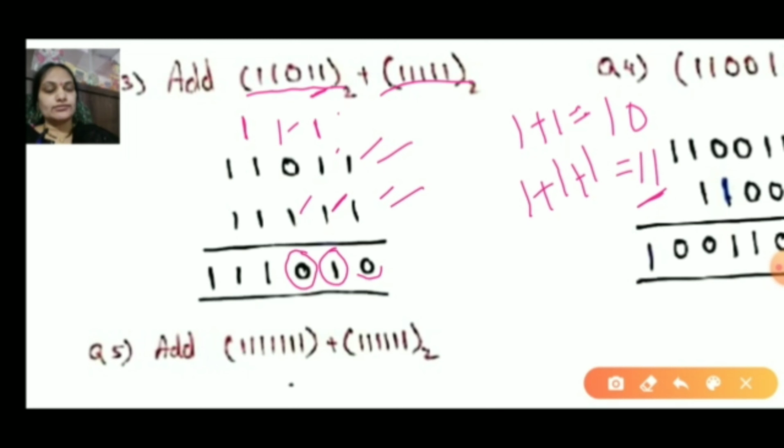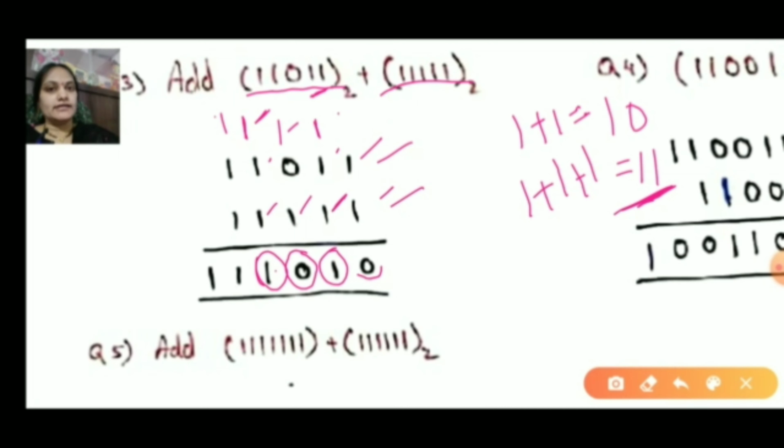Again you have to add 1 plus 1 plus 1. That is 1 1. You write this right side 1 here and left side 1 here. That is top of the 1.